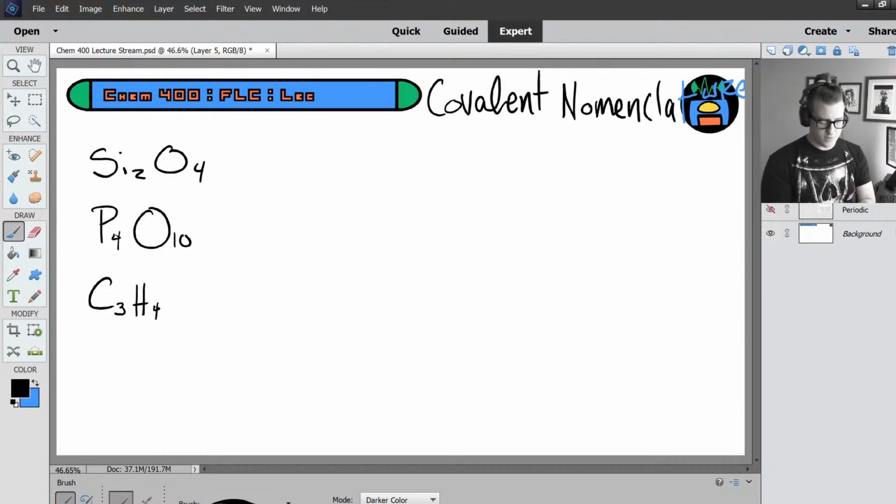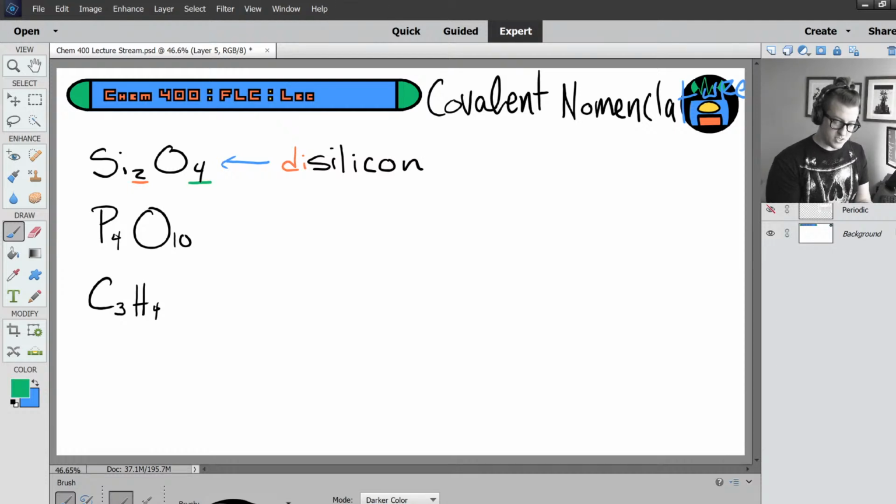So the first one, we've got two silicons, so this will be disilicon. We've got four oxygens, so this will be... Now you don't say tetraoxide, you say tetroxide. All right, so there's disilicon tetroxide.